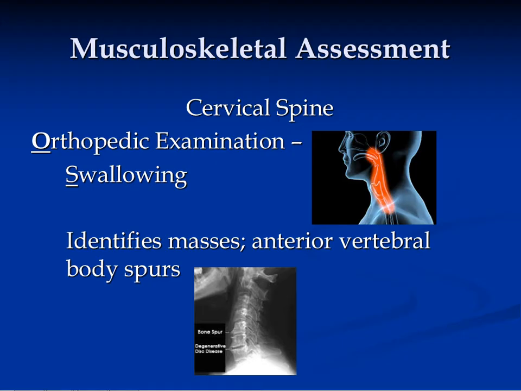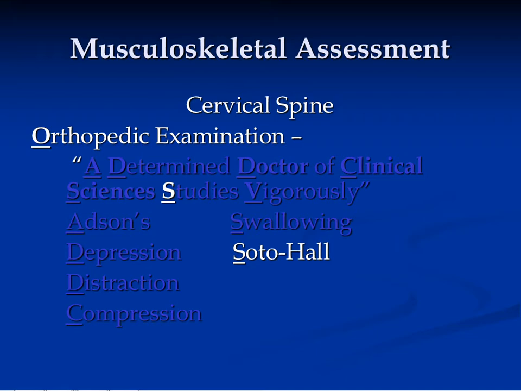This is a simple test in which you simply ask the patient to swallow. Pain upon swallowing may indicate a mass or spurs. The second S is for the Soto-Hall test.